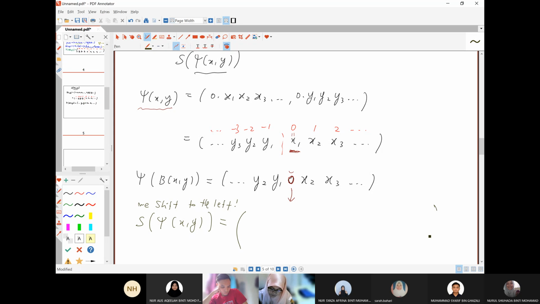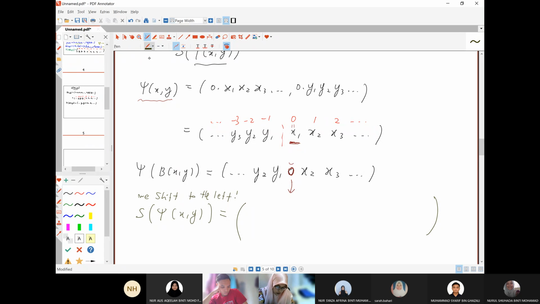So if you have the, again, the doubly sequence, so the order for the sequence is, this one is 0, 1, 2, minus 1, minus 2, minus 3. Sebab psi xy kan kita tengok psi xy, so kita tengok kat sini lah. So we shift to the left. So jadi position 0 x1 tadi tu, 0 is x1 punya position. So we shift to the left.